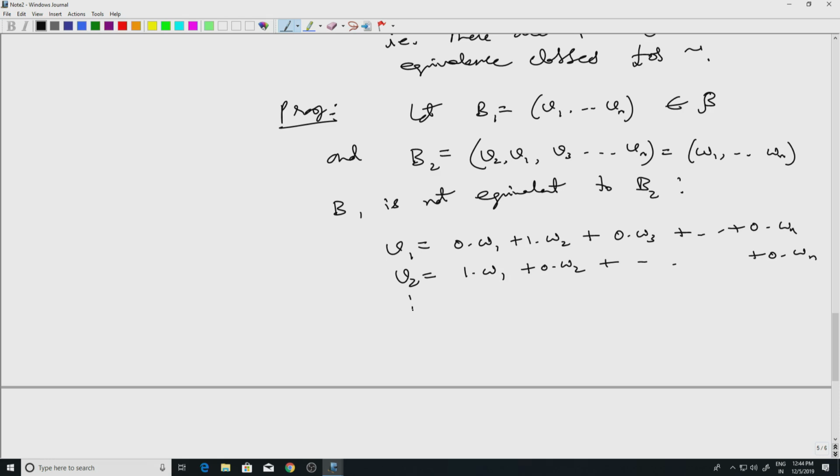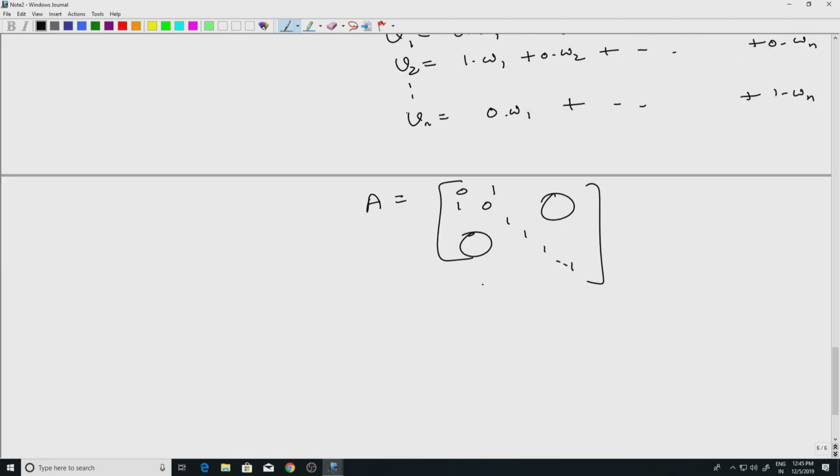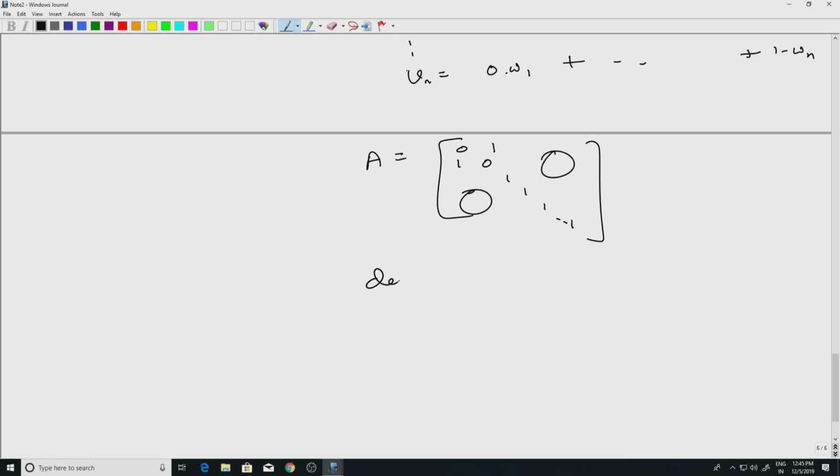And as for the remaining terms, for the ith term, I'll just get an I for the Wn, etc. So in other words, this matrix A will be 0, 1, 1, 0, and ones elsewhere on the diagonal, and zeros off diagonal apart from these two, the first two. So det A will be just -1.